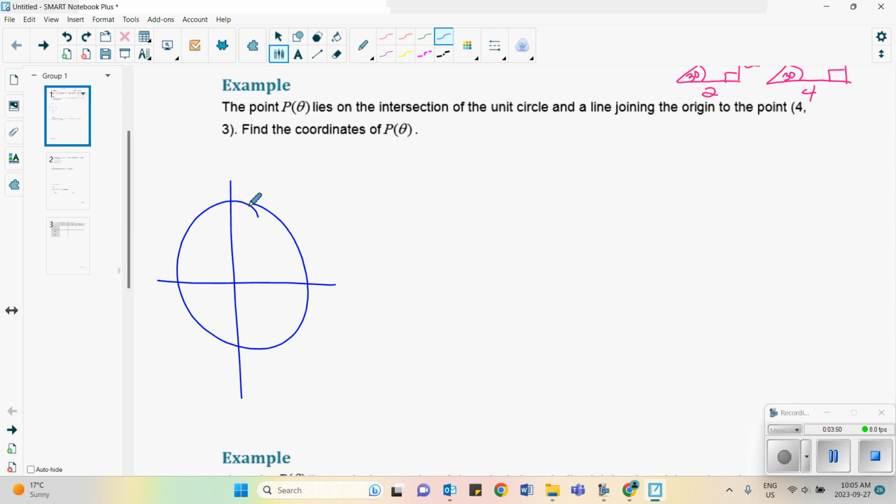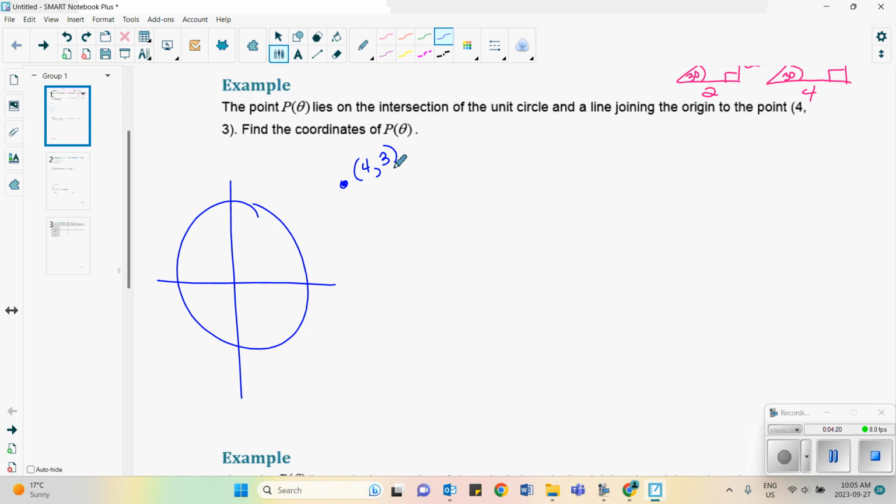So we also know that we have a point out here at 4 and 3. Okay, my point 4, 3 is out there. Everybody agreed? It shouldn't be inside the unit circle because this would have a distance 1. So this should definitely be outside of the unit circle.